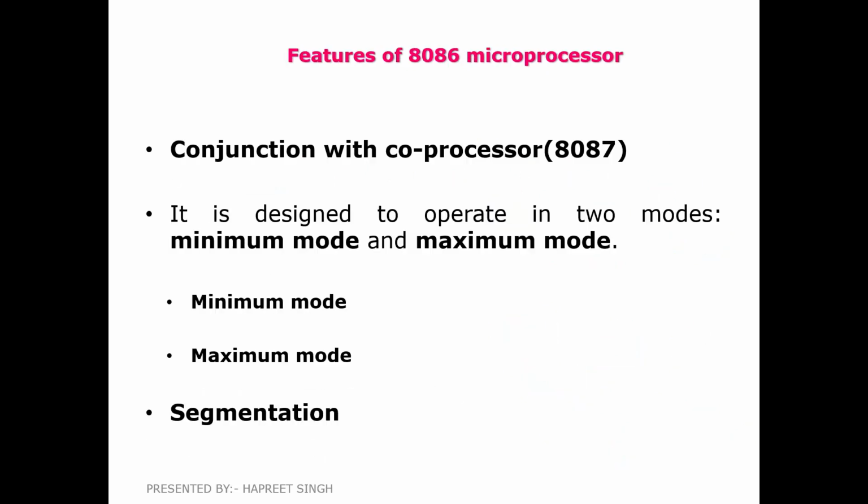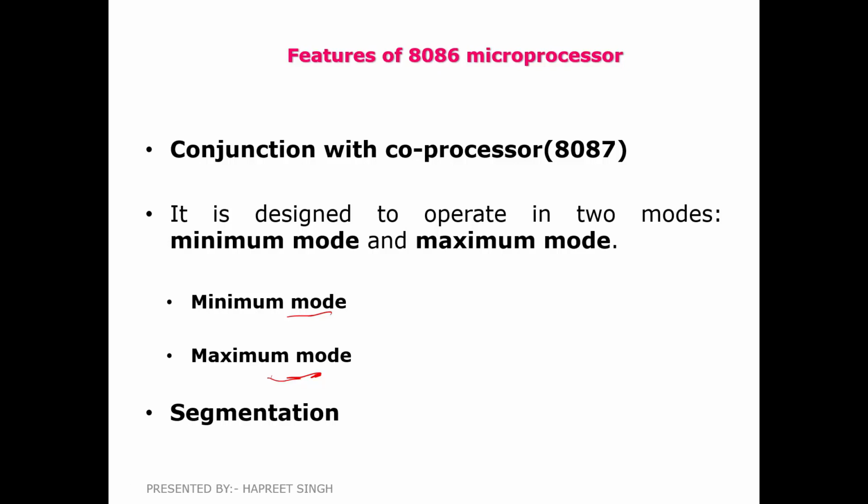The next feature is that the 8086 microprocessor works in conjunction with the 8087 coprocessor to do fixed point, floating point, and other complex mathematical functions. Next, it is designed to operate in two modes, first minimum mode and second maximum mode. In minimum mode, it works in a single processor environment and generates different control signals. In maximum mode, it works with the coprocessor, that is 8087, and generates different signals.